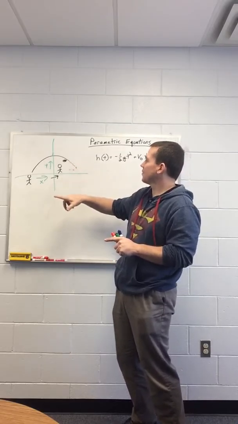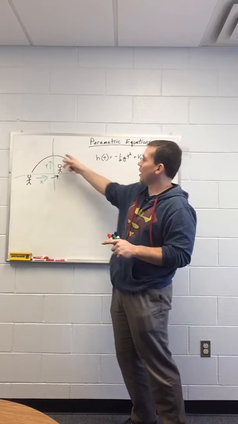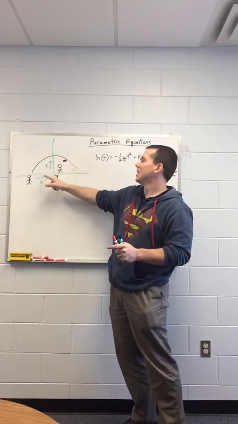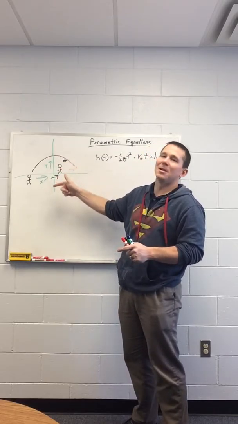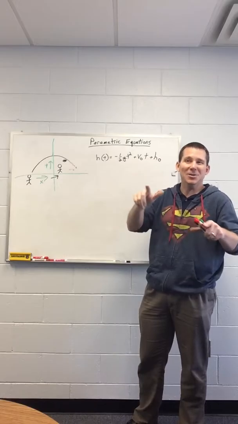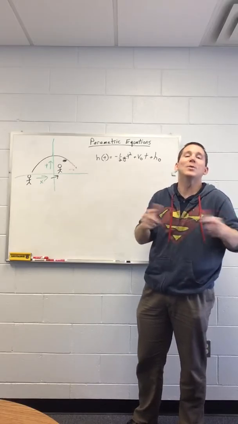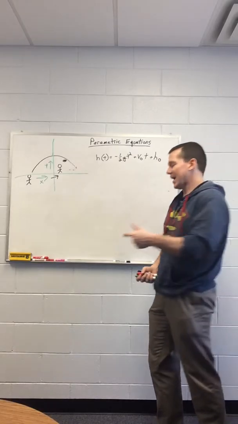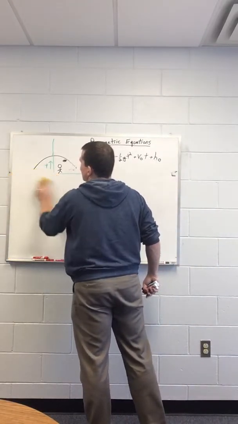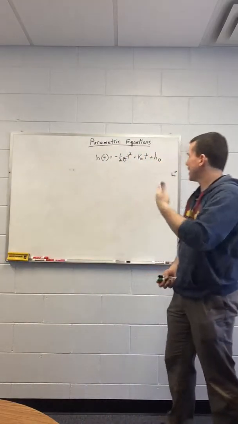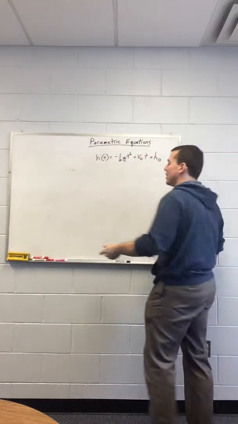And for any parabola, for any quadratic we come up with, we only have two variables, x and y, which account for the horizontal and the vertical, but they don't add in that other variable, time, and making sure it goes where we want it to go when we want it to get there. In order to do that, we have to add a parameter, t. That's where we get parametric equations from.